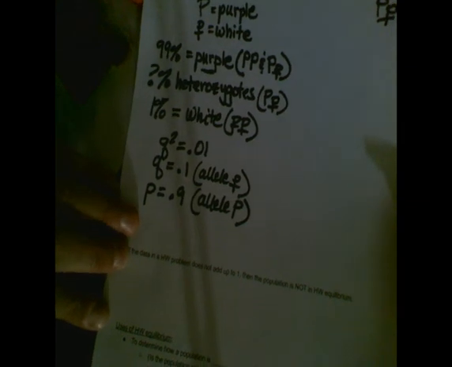We know that P plus Q equals 1, so P is going to equal 0.9. So 90% of the alleles in the population are big P.